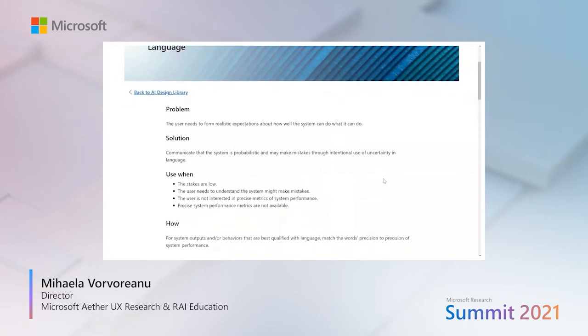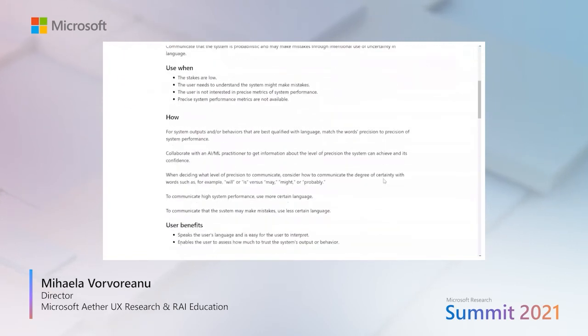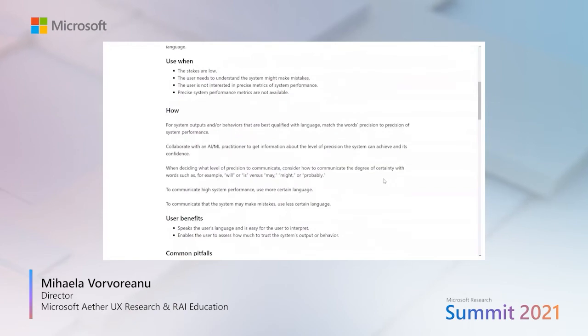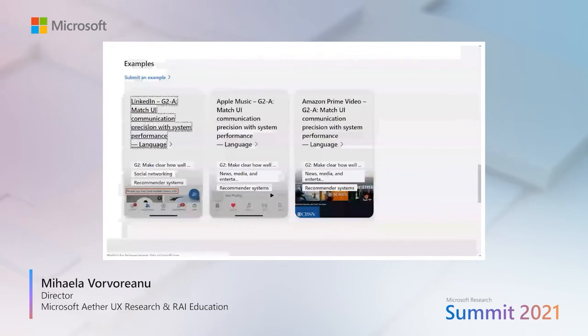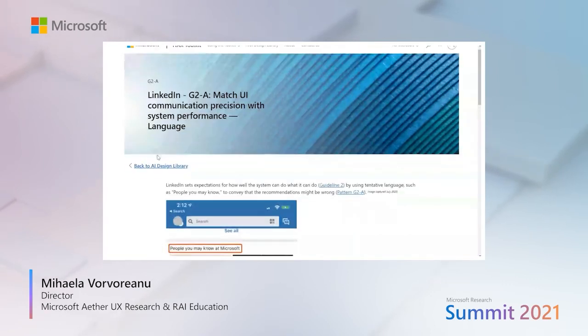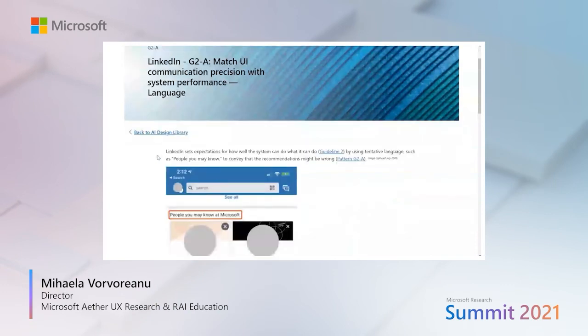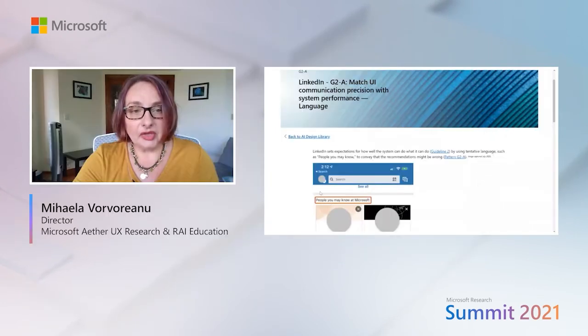We can also look at some examples of how this pattern has been implemented in other systems. And so, for example, we could see here one screenshot from LinkedIn where it sets expectations for how well the system can do what it can do by using tentative language, such as recommending people you may know. Okay, so now we have a couple of interesting candidate patterns.